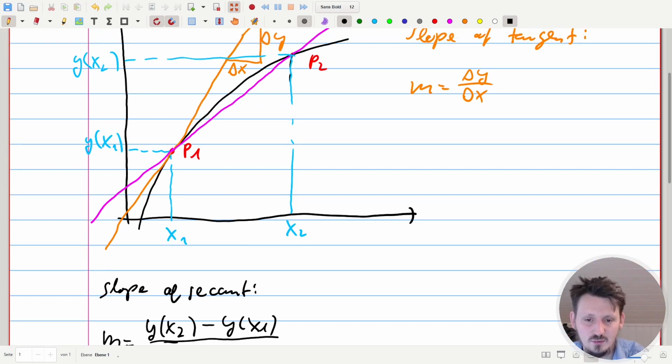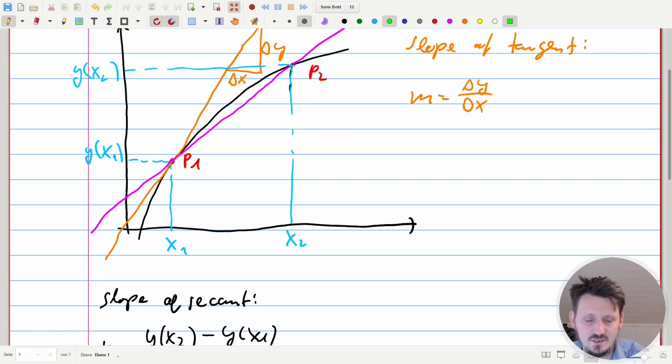However, we are not interested in the slope of that. We want to have the slope at the position x1. So the idea behind differential calculus is that we shift this point P2 close to P1, and as soon as both points are placed at the same position x1, then this secant turns into a tangent, and then we have the slope of this tangent at P1.